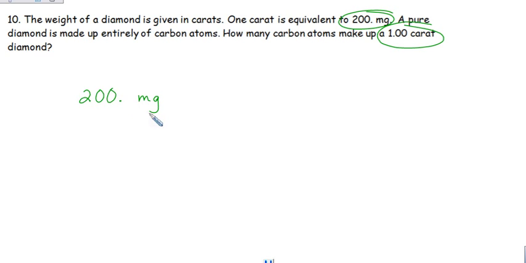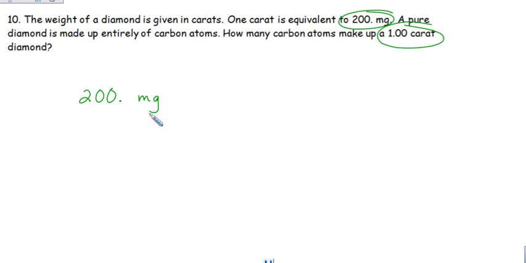However, if eventually we want to know how many carbon atoms are in this sample, we're going to need to get it out of milligrams. And eventually, we're probably going to want to use the molar mass on the periodic table. But molar masses are only in grams. So you have a few options here.